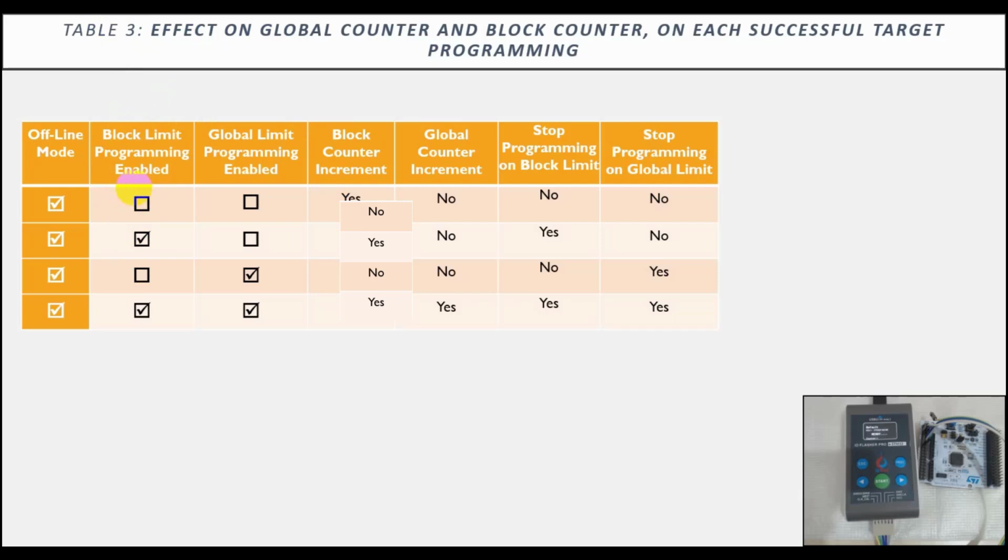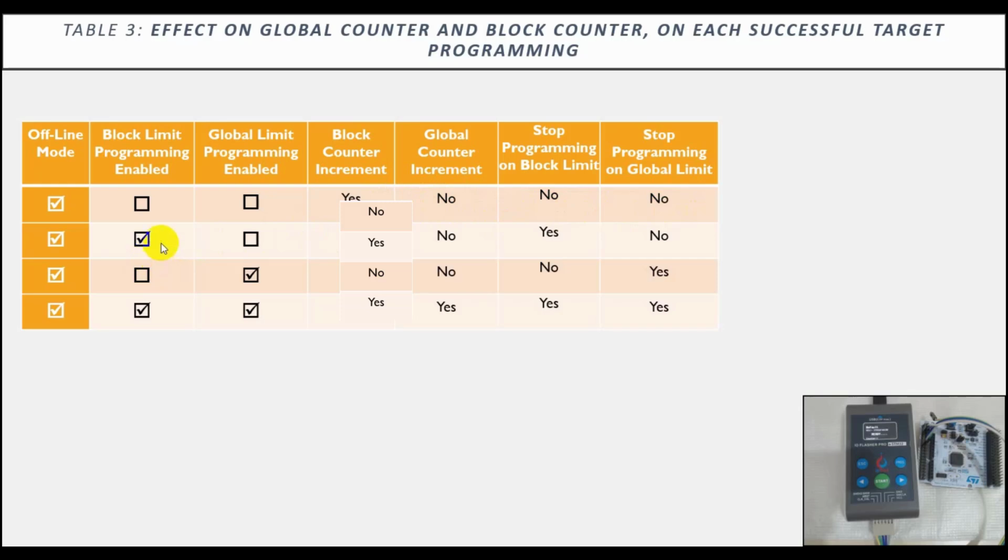If you have not enabled the limit programming for the block, and you have also not enabled the global limit programming for the programmer, then there will not be any limiting of the programming. The global counter will not increment, and there will be no limiting of the programming for that particular block.